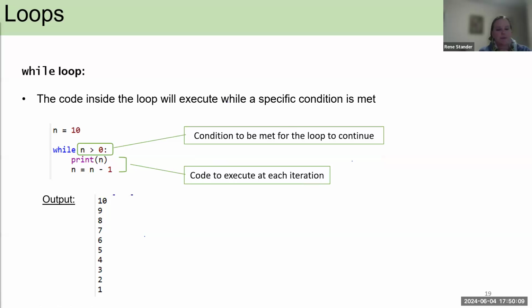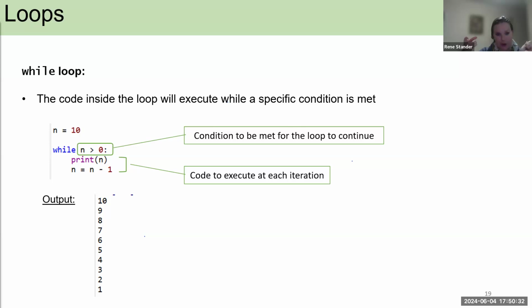And then the other loop that we can look at is the while loop. In this case, the code inside the loop will execute while a specific condition is met. So we have while, and then the condition that should be met for the loop to continue.